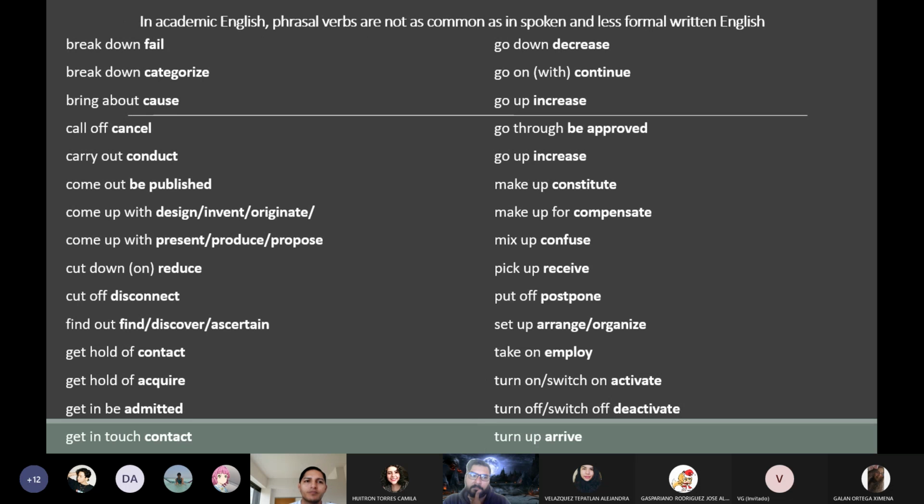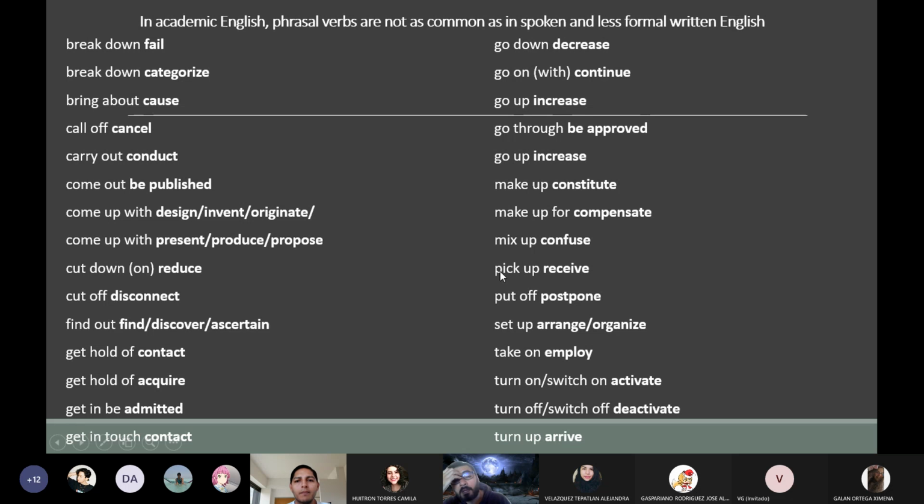For example, go down. Well, that's informal, low register. What is the formal way to express that phrasal verb? Well, decrease. Or go up, increase, which is the opposite.